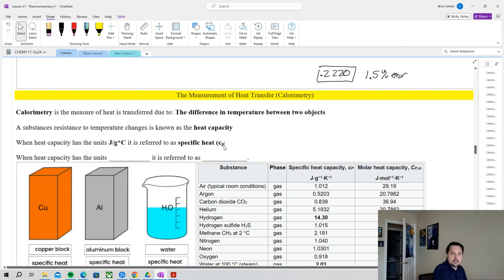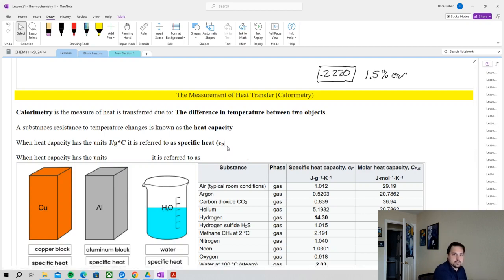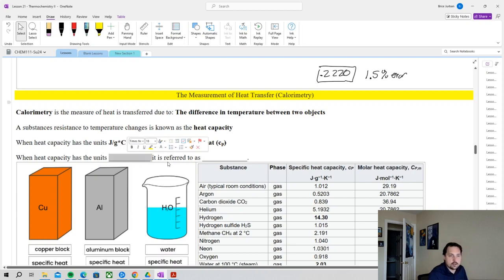So it's generally given a lowercase c and then the symbol P here, because this is going to be measured at constant pressure. And when heat capacity has the units of joules per mole degree Celsius, it's referred to as the molar heat capacity.